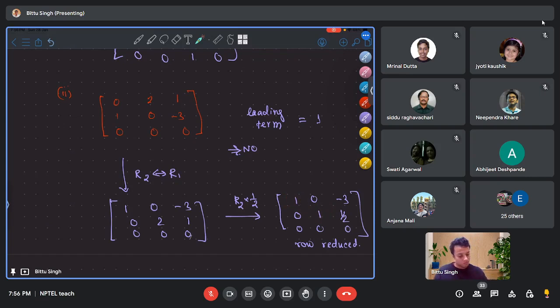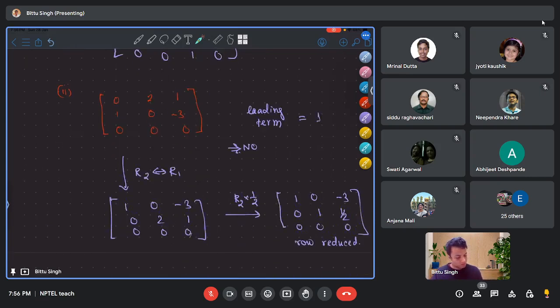Even if it is 1, it is not a row echelon form unless the next rows do not contain a leading entry before this.